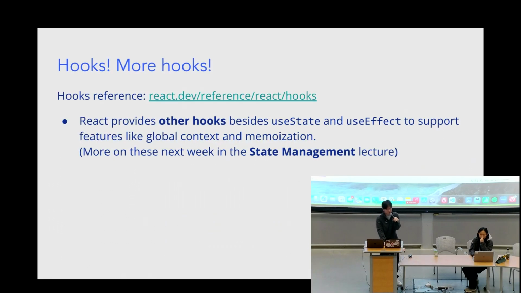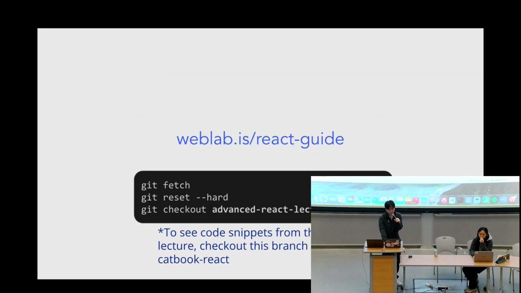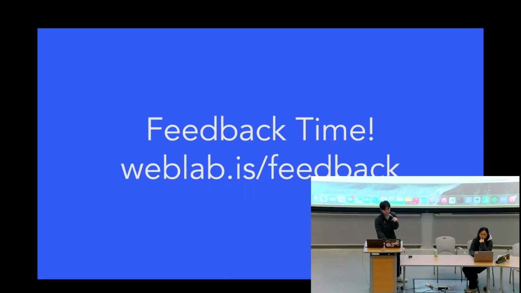React has a lot of other hooks besides use state and use effect. And feel free to check out weblab.is/react guide. And if you want to check out advanced React lecture snippets, you can also check out this branch of Catbook React. So you have to navigate back to the Catbook React folder. And remember, feedback is really helpful, so hopefully you can give us some feedback.